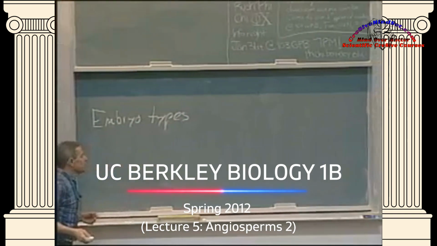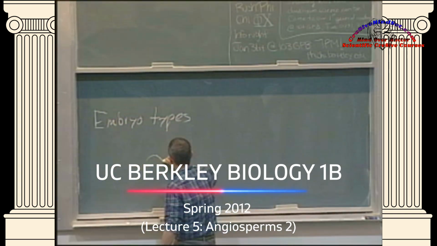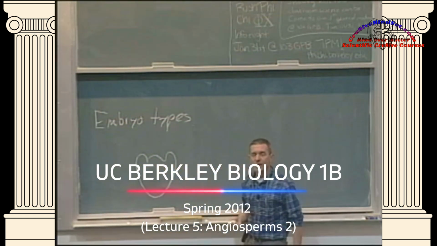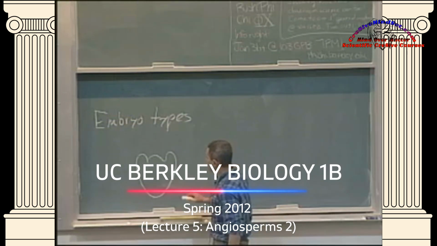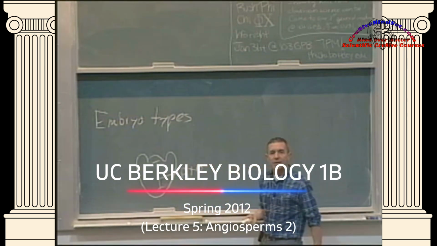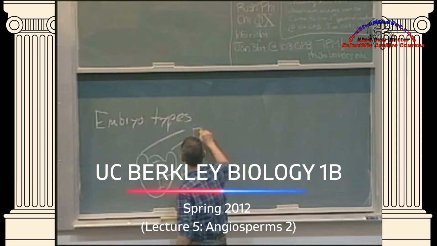In one embryo type, if you were to dissect the embryo out, you'd find something like this. This is a kind of a cartoon. There are better pictures in your book. This would be the embryo axis. And on one end of the axis, you'd find on the outside two bumps.